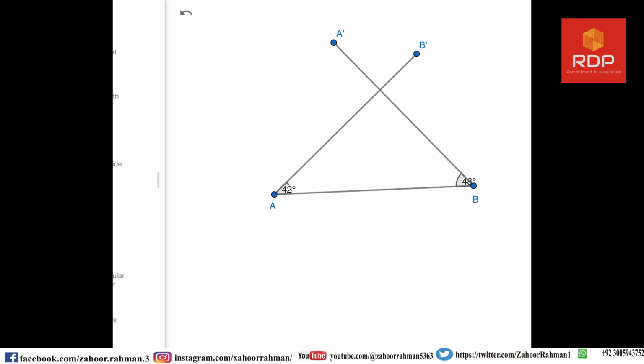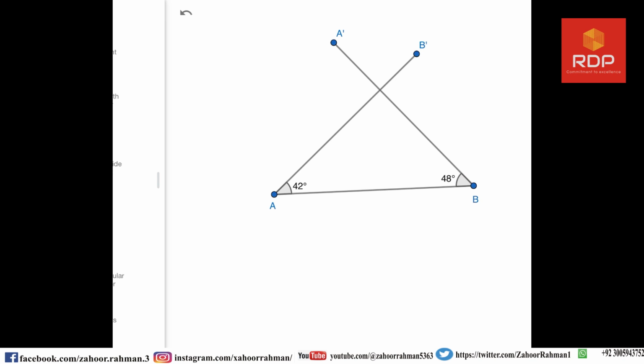Next job is to visualize those line segments. So let us do that. First AB and then BA dash and AB dash. We visualize that with the angle, and let's make these angles a bit clearer.